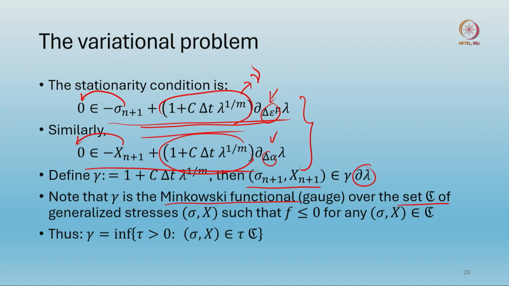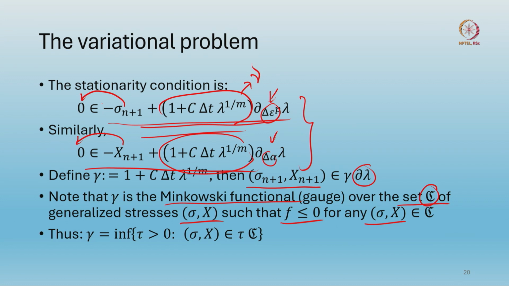So gamma is such a Minkowski functional over the set C. Now gamma is basically a norm of the generalized stresses, right. What are the generalized stresses here? Sigma and x. If you take this norm over the set script C, that set consists of all sigma, x such that the yield function f is less than or equal to 0. That corresponds to the rate independent case, where rate dependence has not yet occurred.